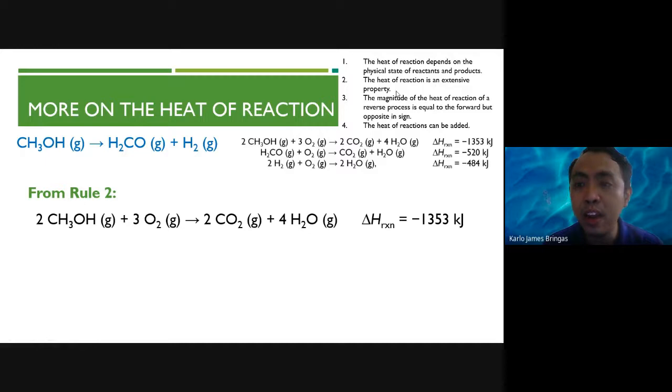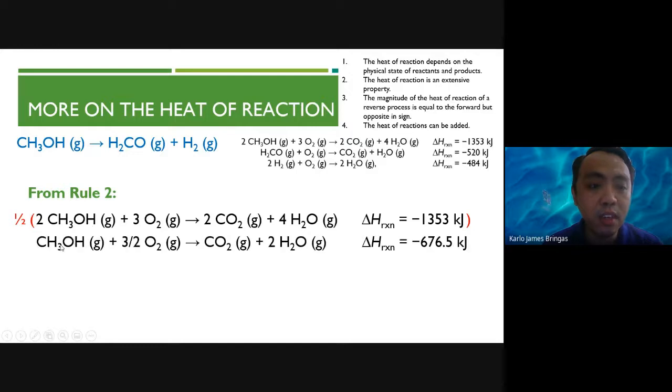So copy lang natin itong ating first thermochemical equation. And then, para maging same ito as the one that we target to get at the end of the solving, we can just divide everything by 2, as shown in here. When you divide everything by 2, ang CH3OH here now becomes CH3OH na lamang.